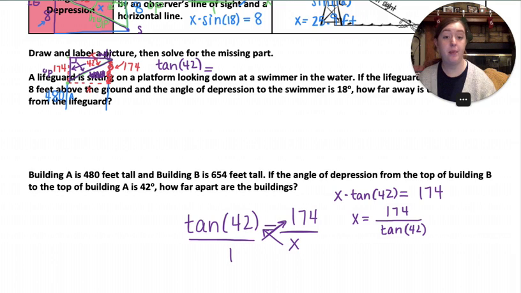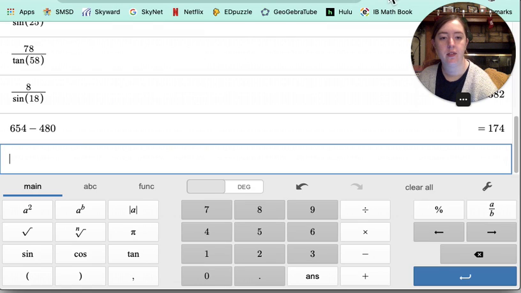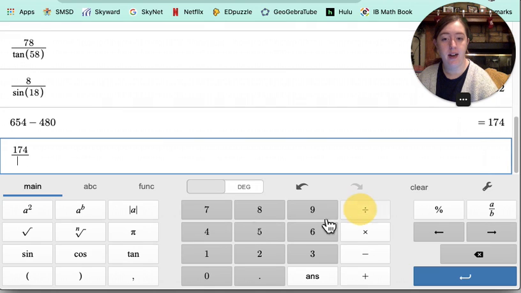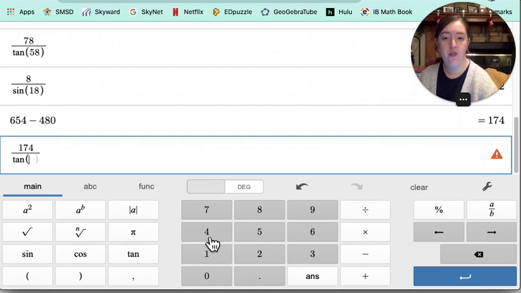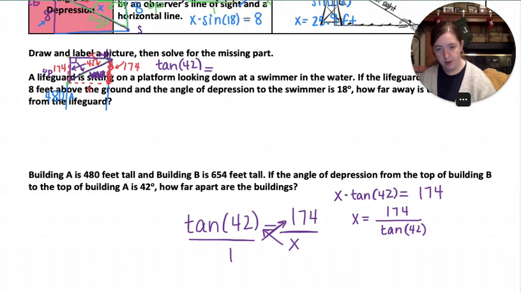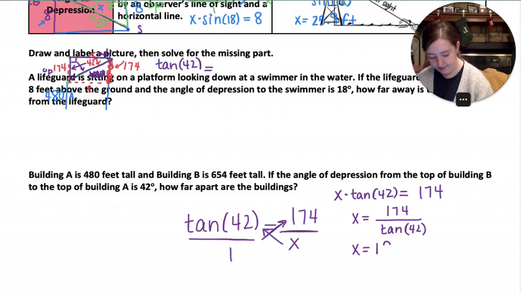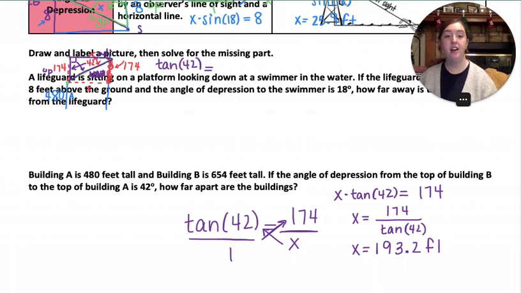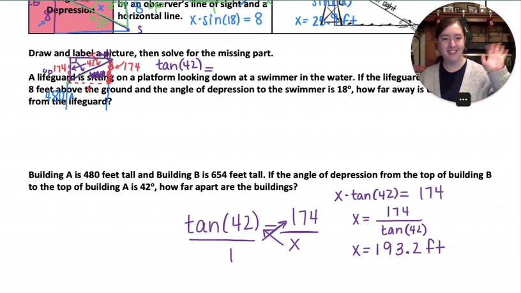And then we just pop that into our calculator. So we'll take 174 divided by the tangent of 42. We're getting 193.2. So they are 193.2 feet apart. All right, good deal. See you guys a little bit later.